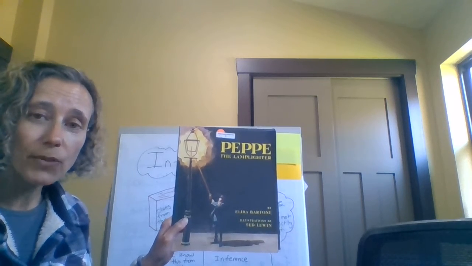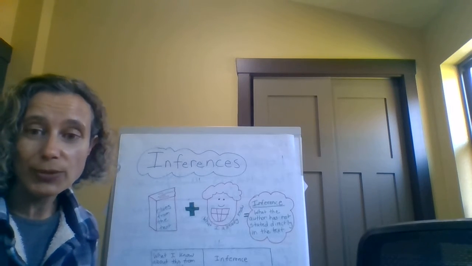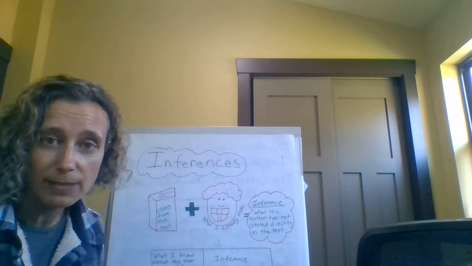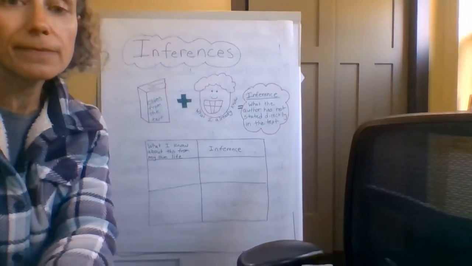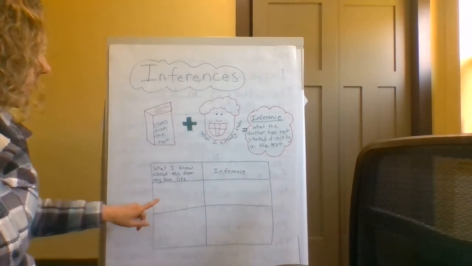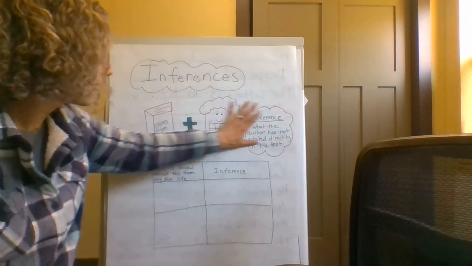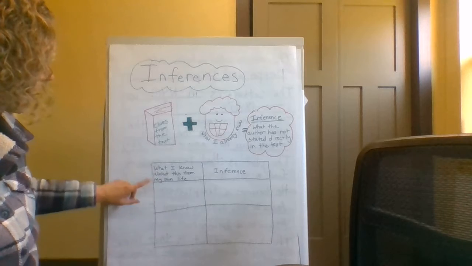Today, I'm going to be reading some quotes from Pepe the Lamplighter, and then we'll make inferences about those quotes. Before we do that, I would like you to copy this chart, not this part, just the chart on your piece of paper.